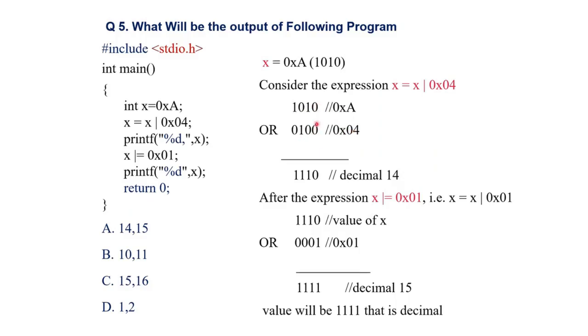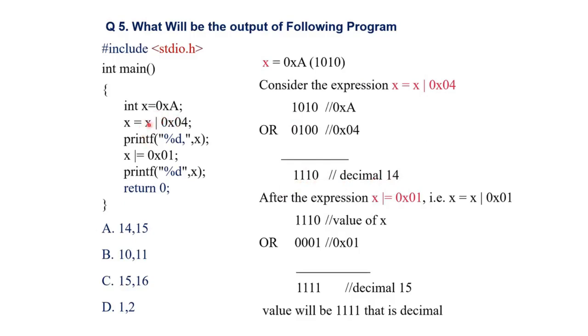So these two values will be ORed, and while ORing, the corresponding bits will be ORed. So 0 OR 0 is 0, 1 OR 0 is 1, 0 OR 1 is 1, and 1 OR 0 is 1. So the complete value of this expression will be 1110, which is equal to decimal 14. So the value of this expression is 14.